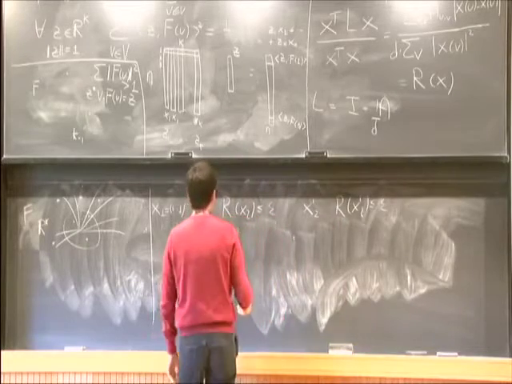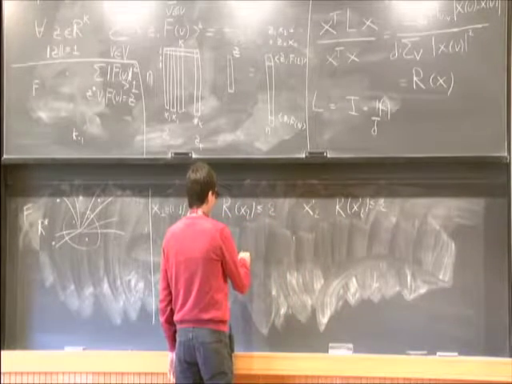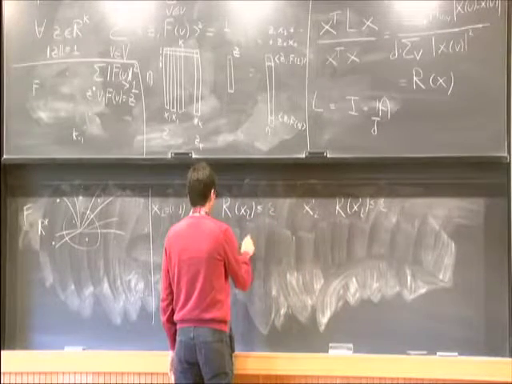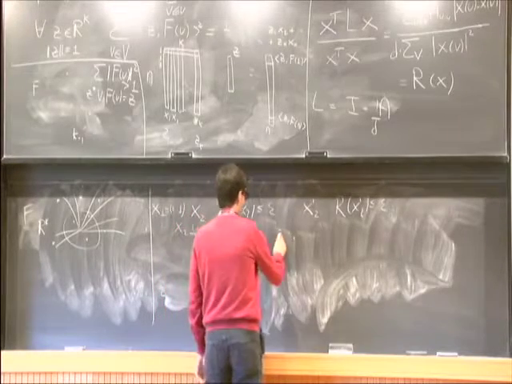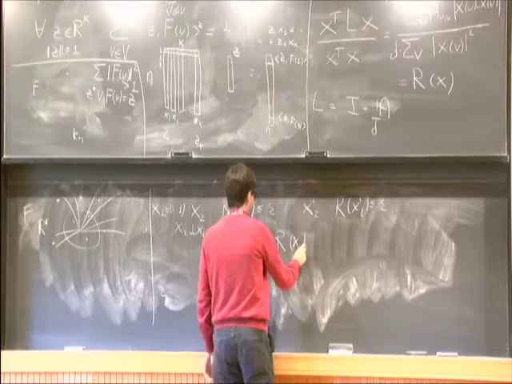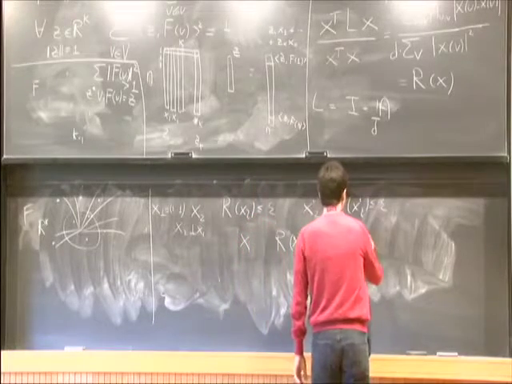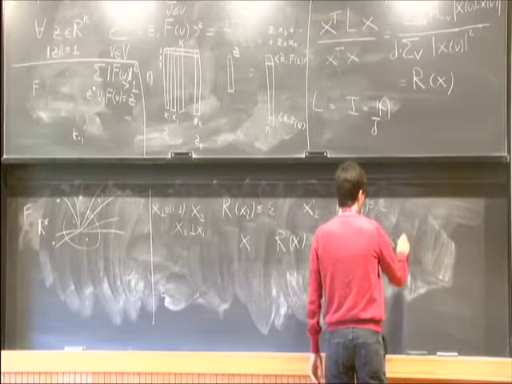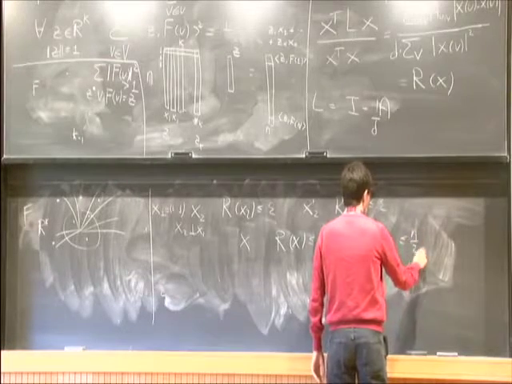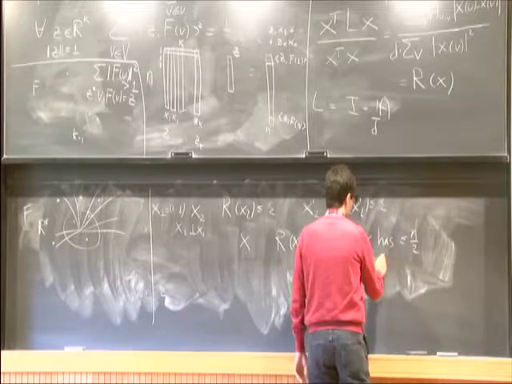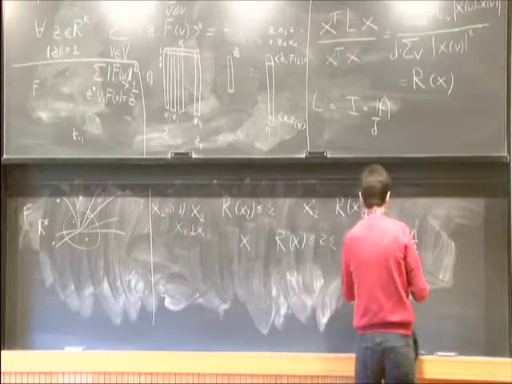So after all this, we can say that there is a vector, now let's just call it x, such that the Rayleigh quotient of x is at most 2 epsilon, and x has at most n over 2 strictly positive, non-zero entries.